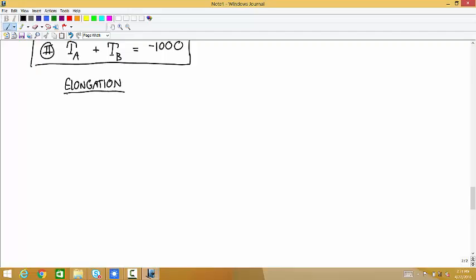So our main equation says that the total elongation, which is equal to the elongation due to tension plus the elongation due to the temperature change, has to be equal to 0.